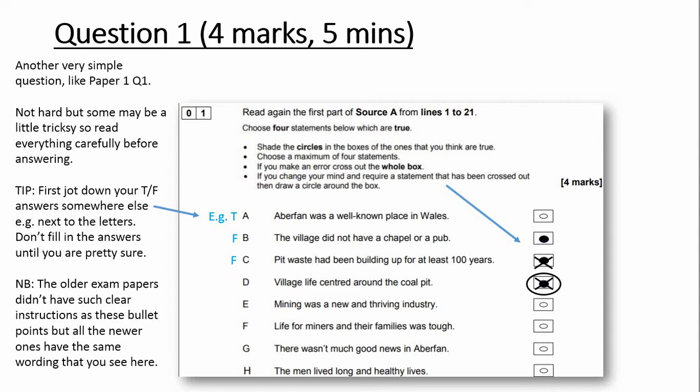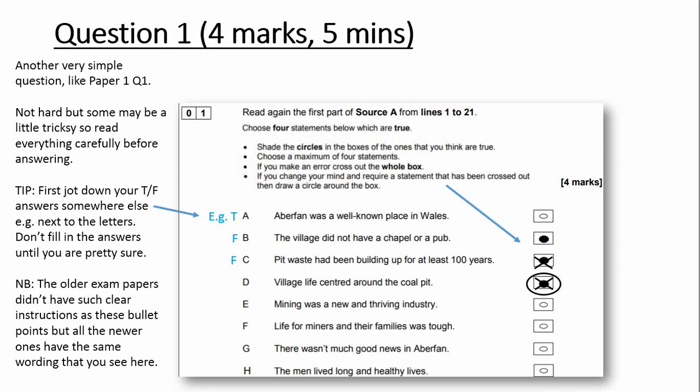Now, moving to the notes on the left hand side of this screen, it's not a hard question, but there may be a few parts of it that might be a little bit tricksy, so it's important to read everything carefully. So, for example, and this is just an example, the first statement, A, says Aberfan was a well-known place in Wales.